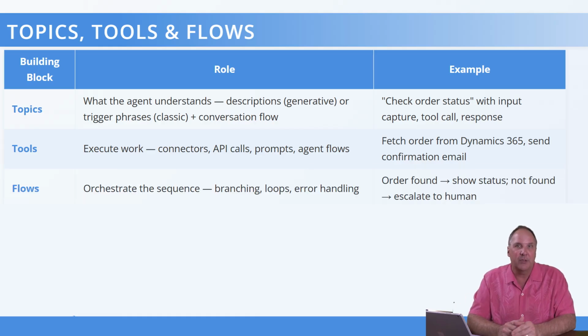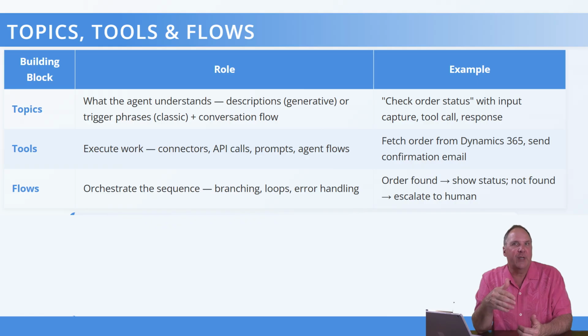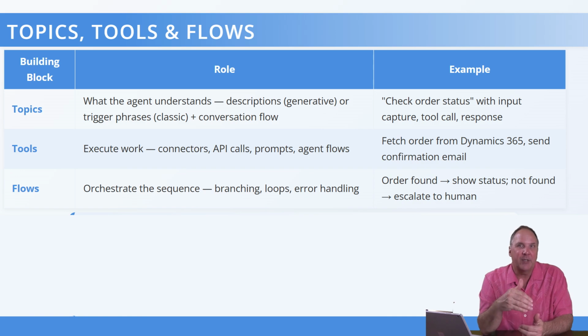And then flows. Flows are the orchestrational logic within a topic. When a user triggers transfer funds, the flow specifies to capture the source account number, capture the destination account number, capture the amount, validate that the accounts belong to the same customer, check the balance, and execute the transfer if the funds are sufficient, or explain why the transfer can't proceed if they're not.